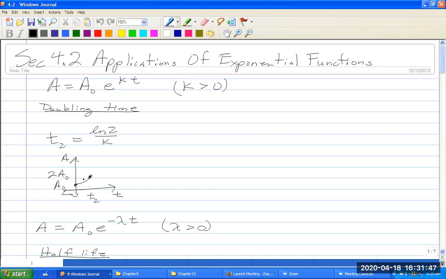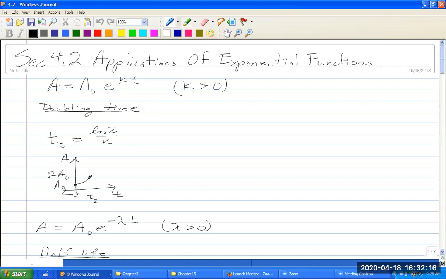Suppose we start out with A_0 objects. Then t_2 is the amount of time it takes for A to increase to 2A_0. In general, the doubling time is denoted by t_2, and it is equal to ln2 over k, the growth constant.